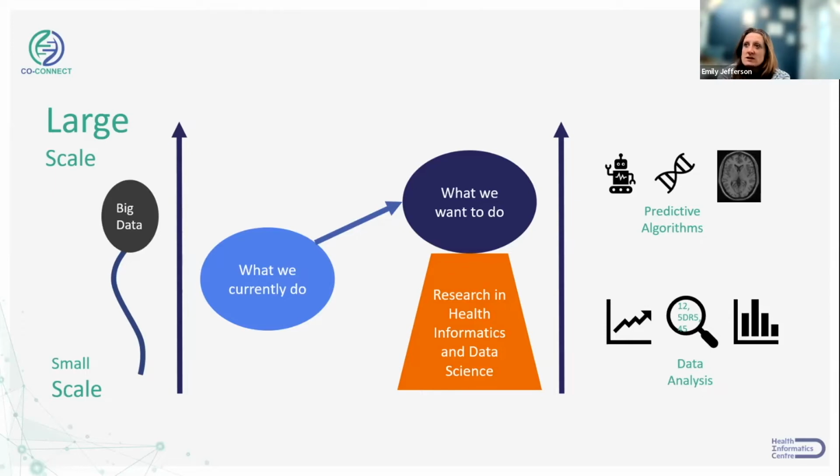So I'm going to talk to you today about what we've been doing with COVID in this area. My research area is in how to move from observational data analysis on text-based data into a new world of predictive analysis supporting AI and machine learning on big data such as imaging and genetic information too.